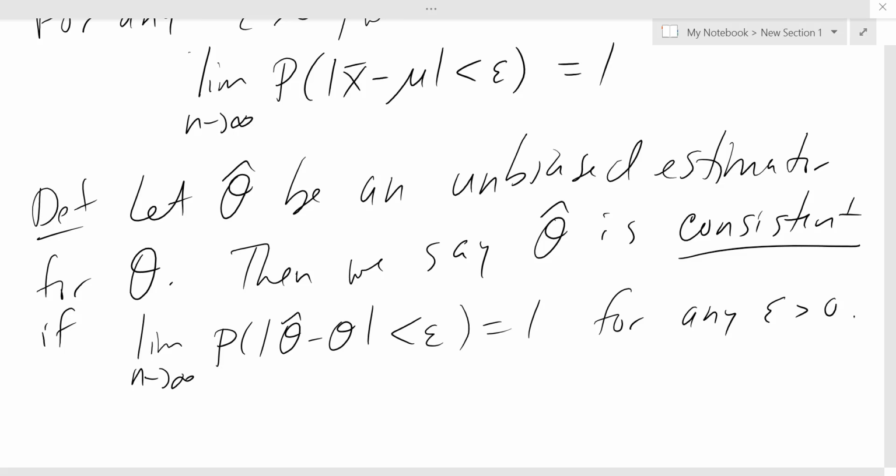Basically, what we want is that by taking a bigger sample, we're guaranteeing that our estimator will be closer and closer to the actual mean. What we don't want is something that happens that no matter how large of a sample size we get, we've always got some variance that isn't changing by much.